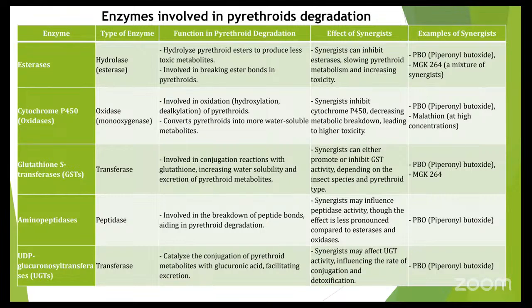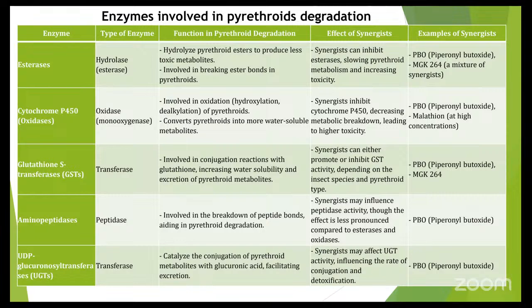So coming to esterases, in mammals, apart from the liver, which does the metabolism, degradation and detoxification that we know, these pyrethroid-hydrolyzing esterases are also present in blood, kidney, lung, and stomach. These enzymes are primarily found in the microsomal fraction.